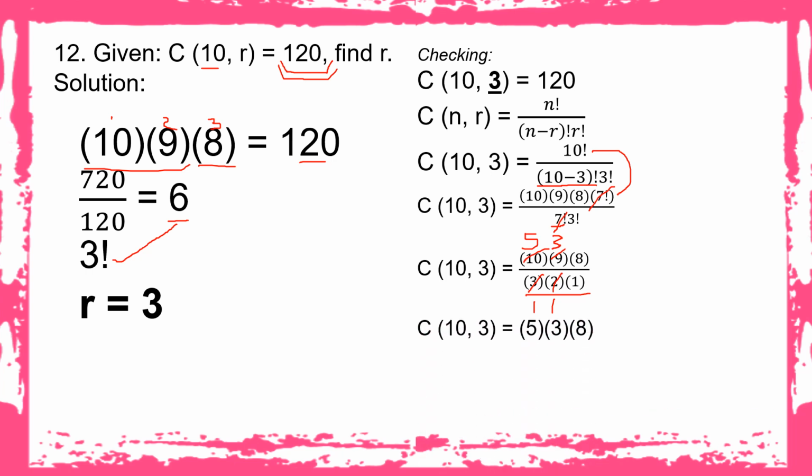So combination of 10 taken 3 is equal to 5 times 3 times 8 in our numerator, and in our denominator we only have 1, so we do not write it. 5 times 3 is 15, multiplied by 8 is 120. So combination of 10 taken 3 is equal to 120. So, correct. Our answer is r is equal to 3.